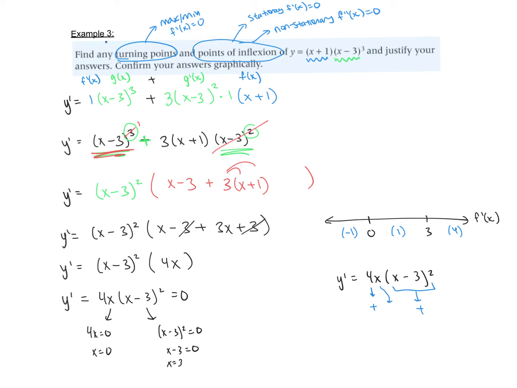If I plug in -1, I have a positive times a negative times a positive, which is a negative. If I plug in 1, I have a positive times a positive times a positive, which is a positive. And if I plug in 4, positive times positive times positive is a positive. Okay? So at 0, this is decreasing to increasing. At 3, this is increasing to increasing. We have a stationary point of inflection.